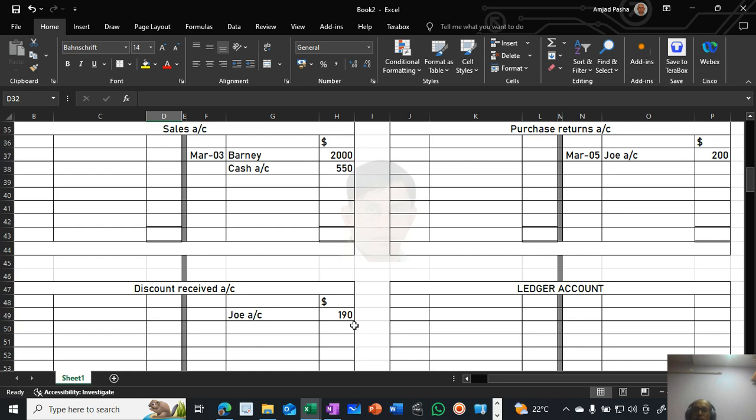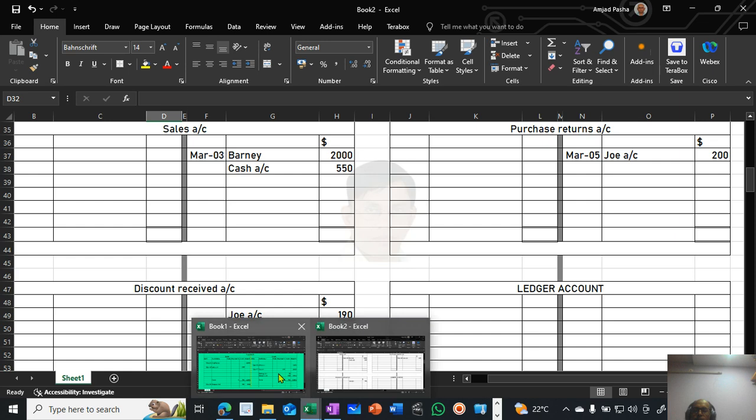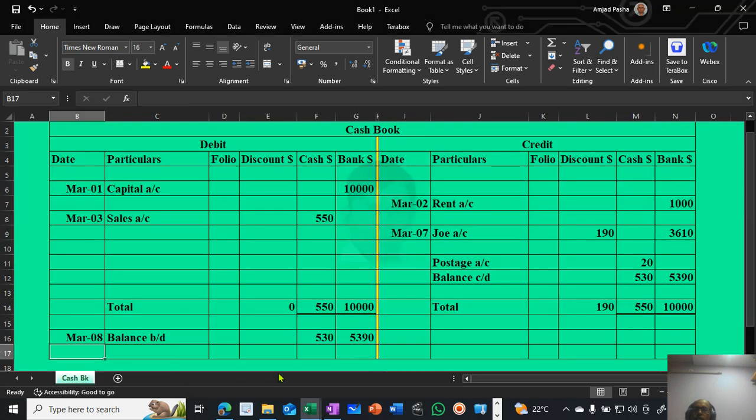What should be balanced is only the personal and real accounts, assets and liabilities. Always assets and liabilities should be balanced, whether current assets, non-current assets or liabilities. In other words, the balance sheet items. Cash is an asset, bank is an asset, so it is something which we always keep, and it will always be running.